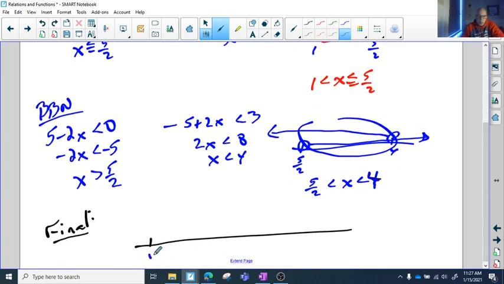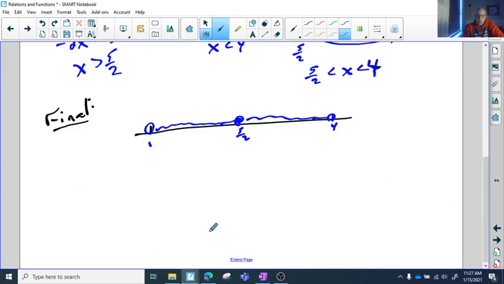Okay, so 1 to 5 halves. This is here. So 1 to 5 halves. Include that. Then go 5 halves to 4. Open circle. So when you join that all together, we got all the numbers between 1 and 4.